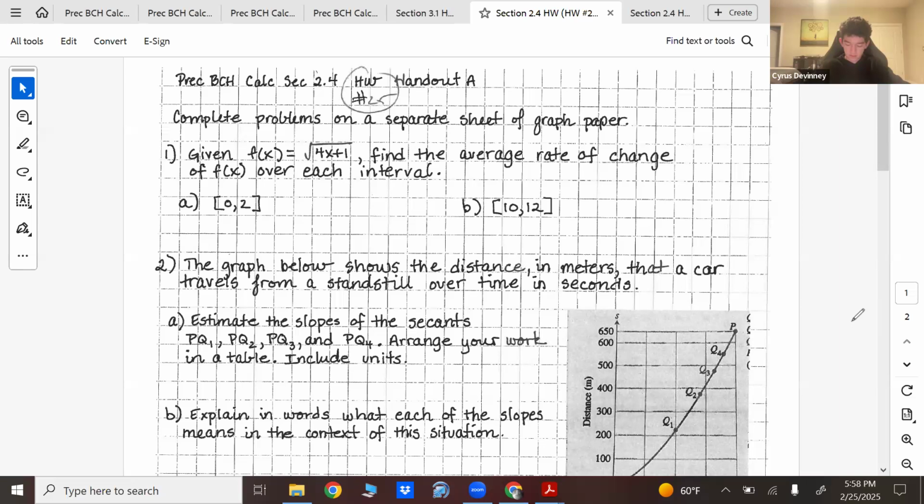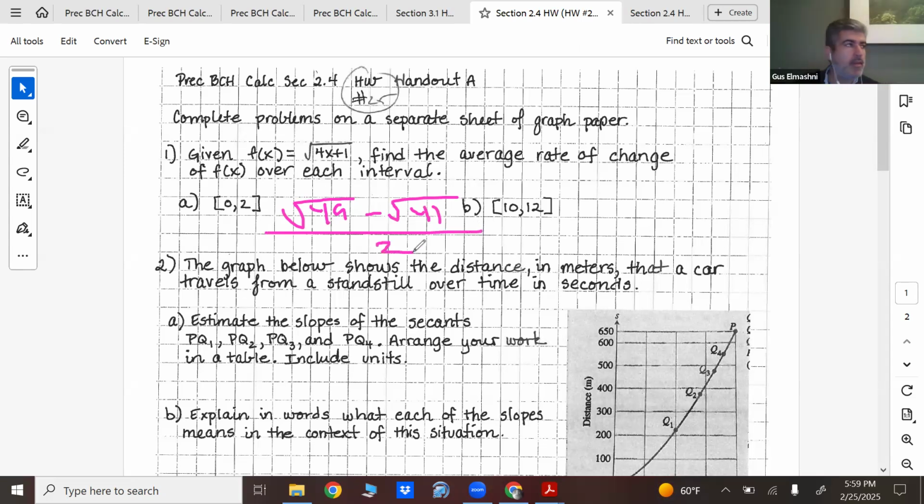So you have 7 minus root 41 divided by 2. Hold on. When you plug in 12, did you get root 49 minus root 41 over 2? Oh, I put them wrong. Yeah, that's what you should be getting.